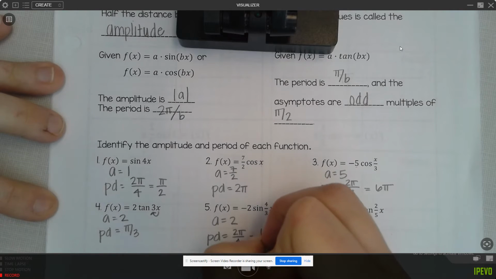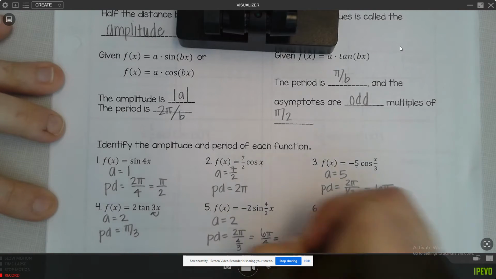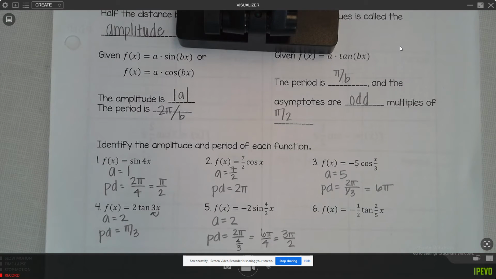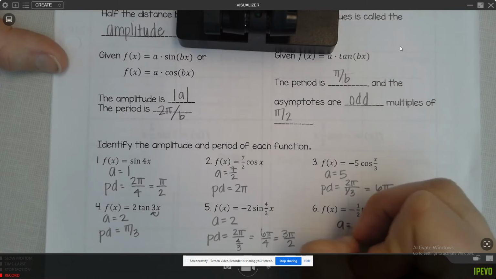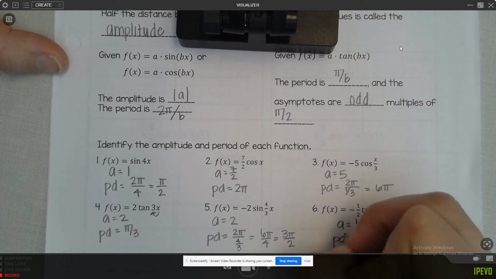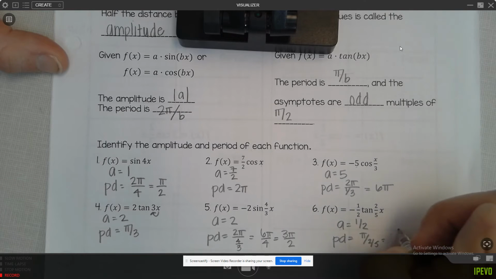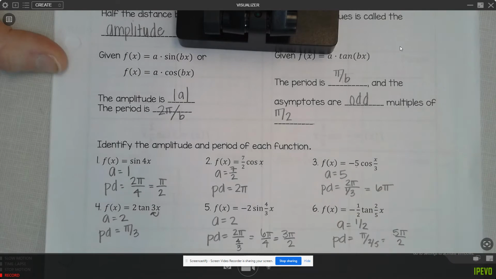So that becomes 6 pi over 4, which is 3 pi over 2. And the last one, my amplitude is 1/2. And my period is pi divided by 2/5, which is the same as 5 pi over 2. So hopefully you understand what the amplitude is and how to find the period.